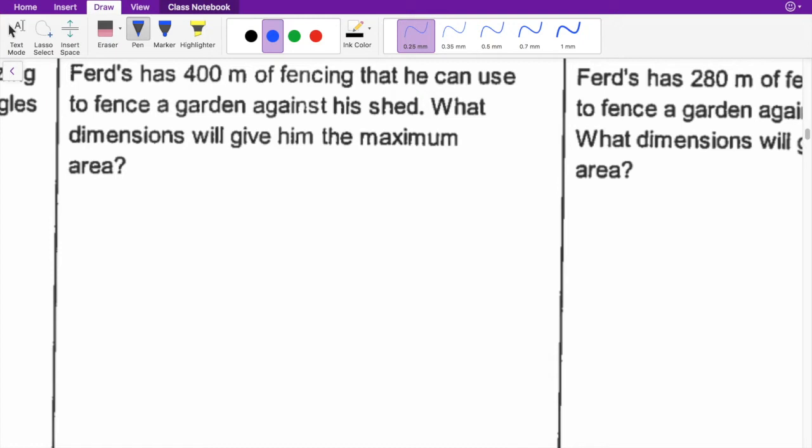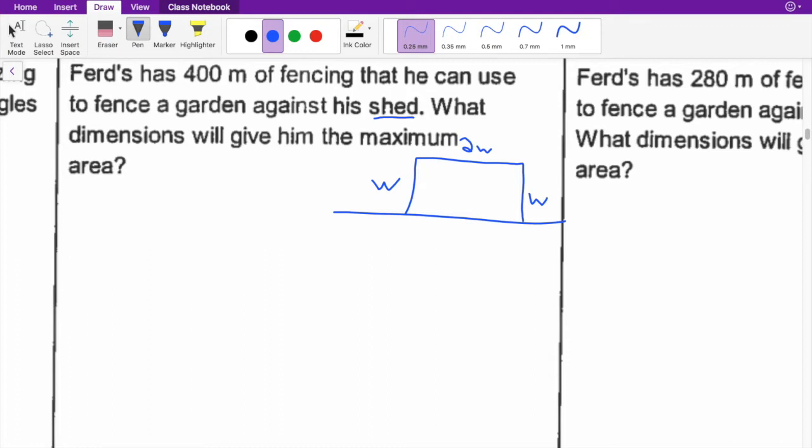So if we remember back, if we have a shape like this, the best shape we get is with a width here, and a length that is twice our width, right? Because it's against a shed here.